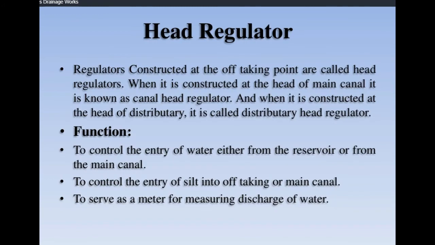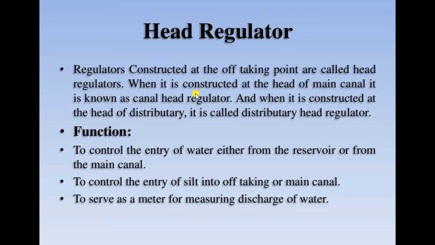Now regulators. Regulators constructed at the offtaking points are called head regulators. When it is constructed at the head of the main canal it is known as the canal head regulator, and when it is constructed at the head of a distributary it is called a head regulator. So there is a little bit of difference between the canal head regulator and the head regulator.